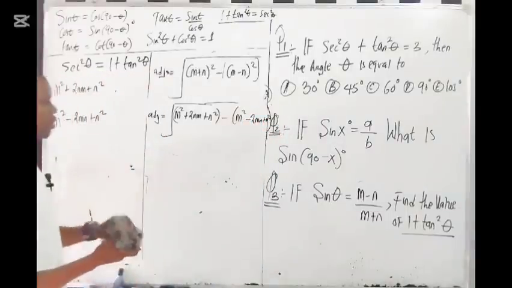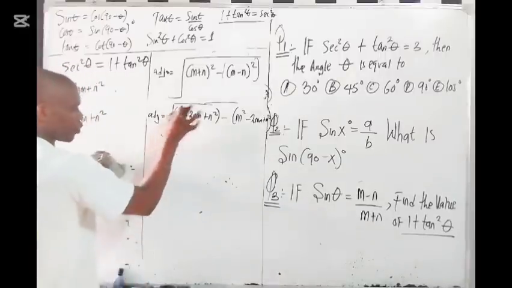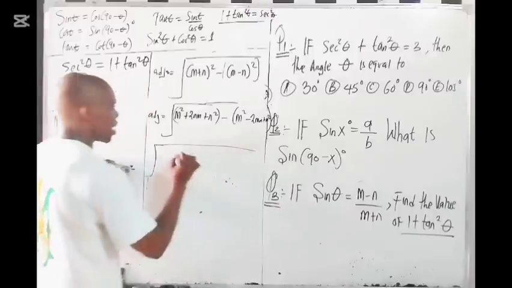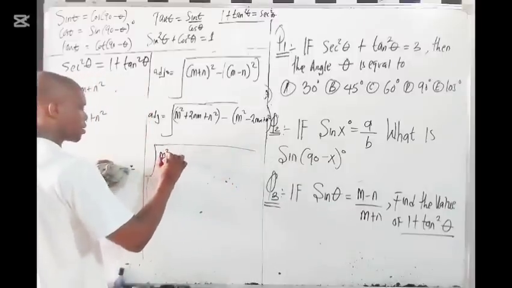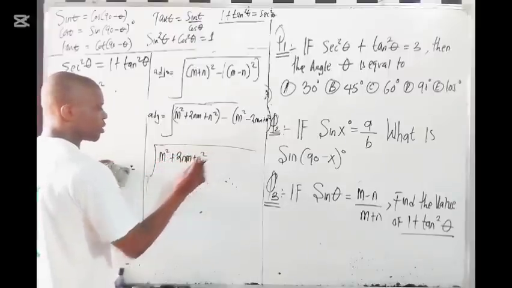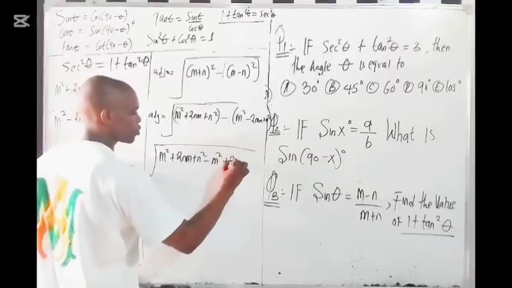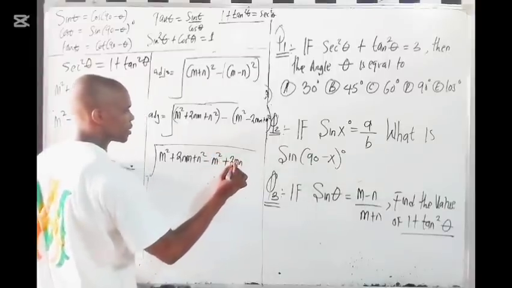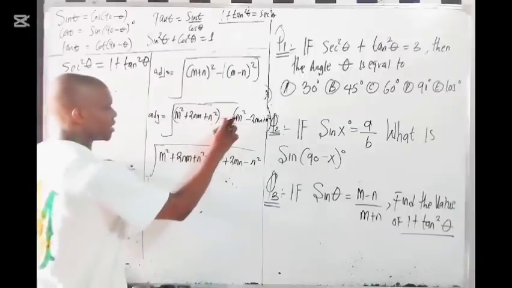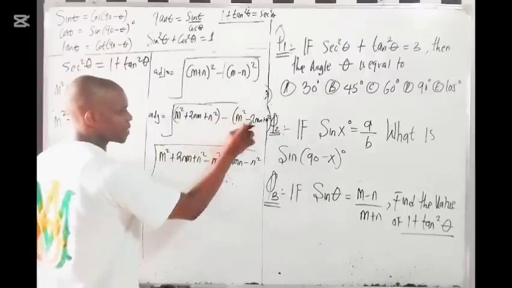Now let's open the bracket and focus inside here. You have m squared plus 2nm plus n squared. Open the bracket, here we have minus 1 times m squared, plus 2mn, or nm, they are the same, minus 1 times n squared. How do you get it? Here we have minus: minus times minus is plus. Minus times plus is what?